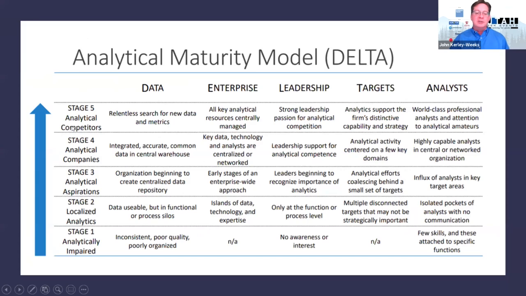Some models are 1 to 7, some are 1 to 4. We rank each individual subcomponent, roll those up into a score for data, and then roll that up into an overall score. A top organization in analytics would be ranking at a 4. A typical organization might be running at about a 2.5 to 3, depending on your maturity model scale.